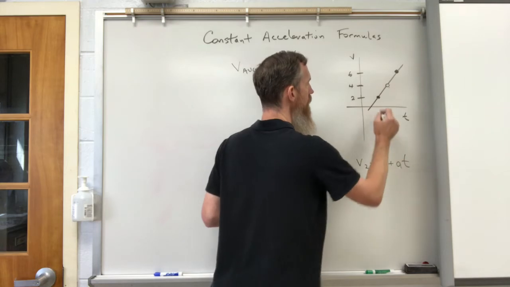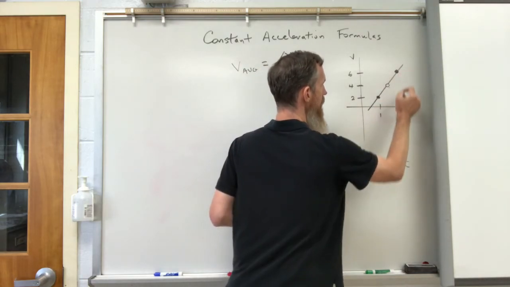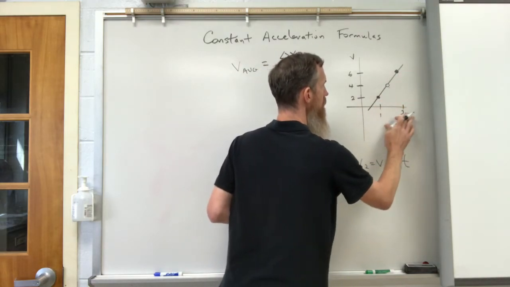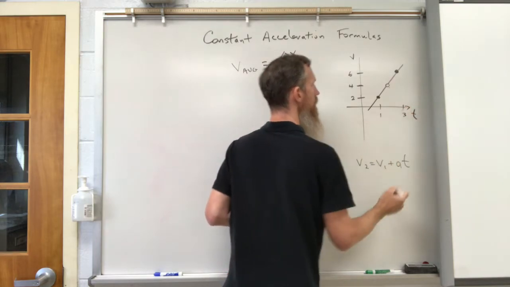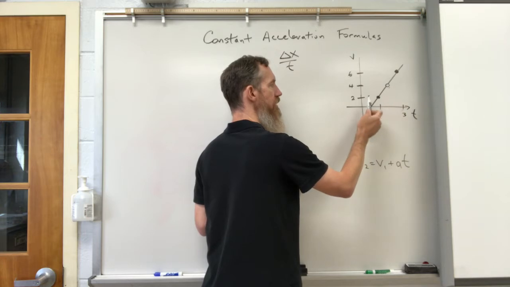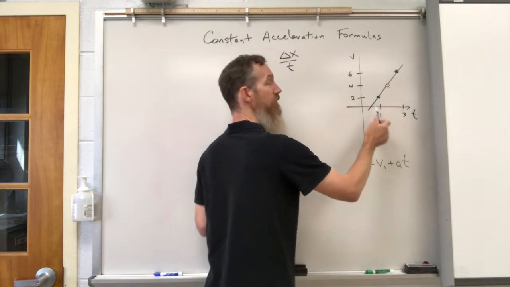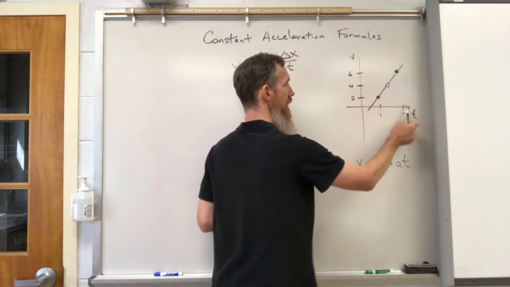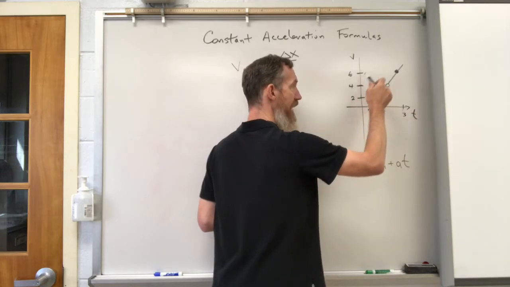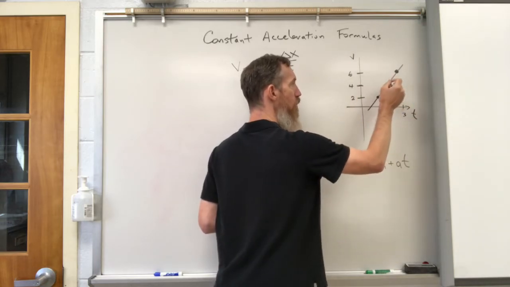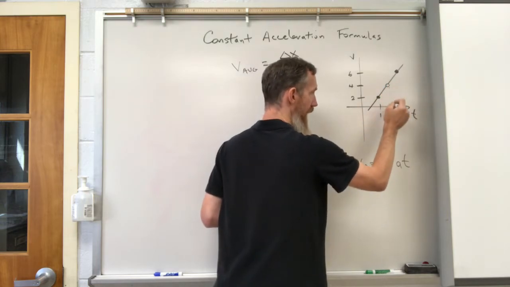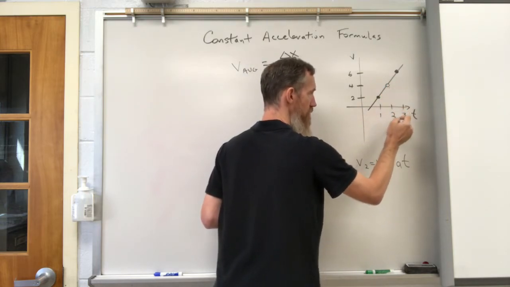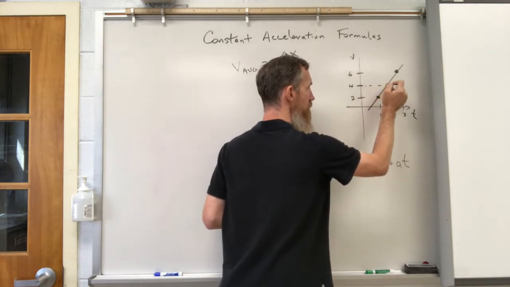And I should have been clearer if this were happening at 1 second and this were happening at 3 seconds. Let me clear that up a little bit. So we have a velocity of 2 meters per second at 1 second, a velocity of 6 meters per second at 3 seconds. Well, if I take that average velocity, I end up with 4 meters per second in the average of that time, 2 seconds. It will match.